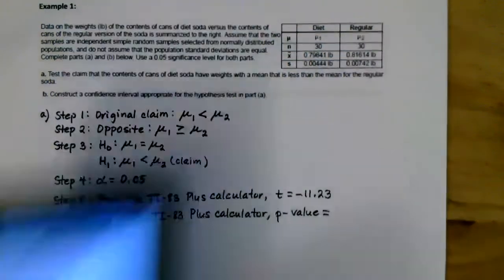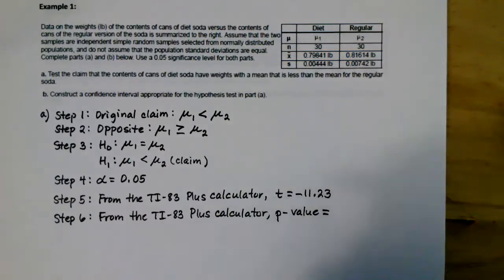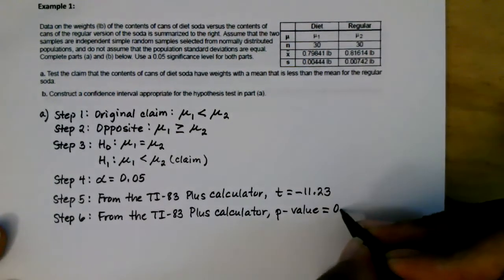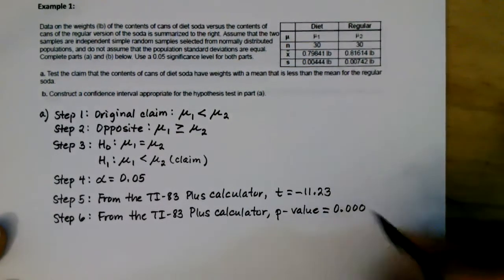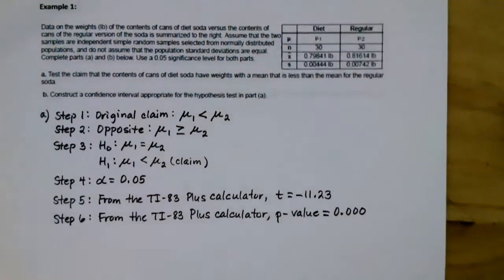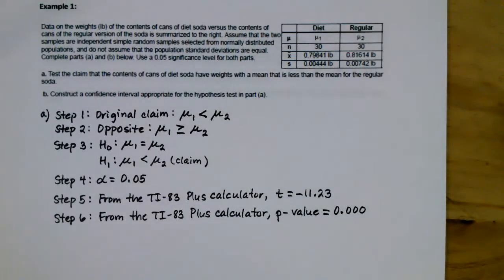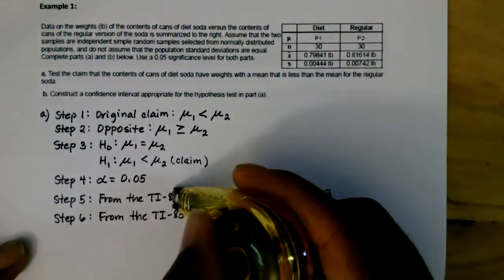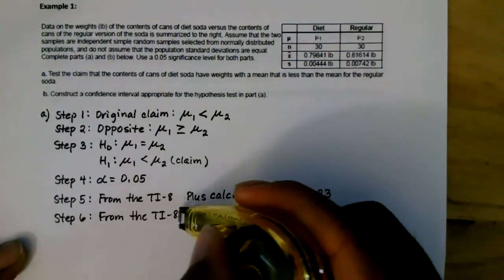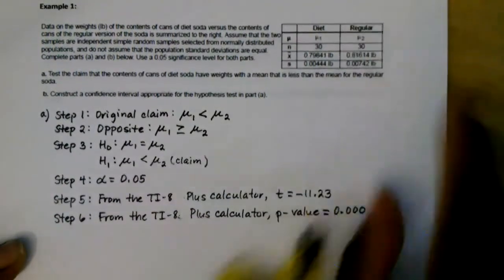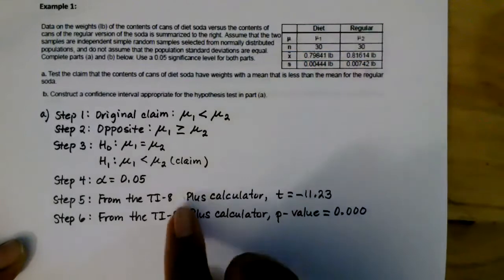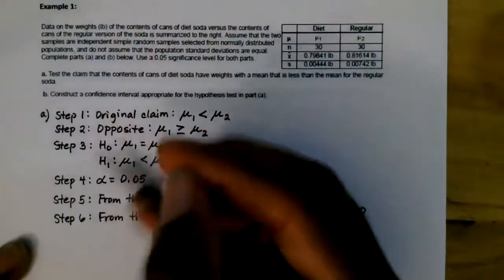But let's say we want this to 3 decimal places. So here, the p-value is 0.000. So not only can you get the test statistic, you can also get the p-value from your TI 83 or 84 plus calculator. Let me change this to 84 because that's the one I'm using. But you can use the 83 as well.